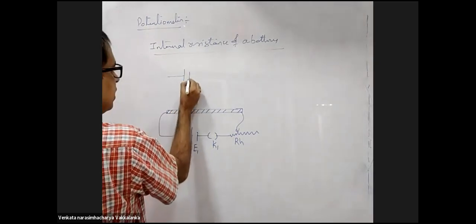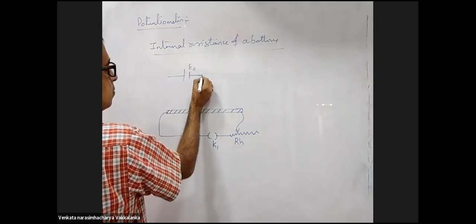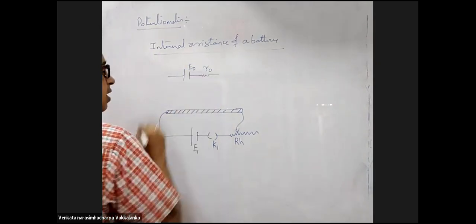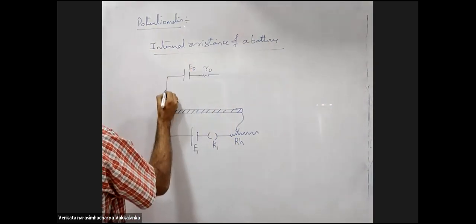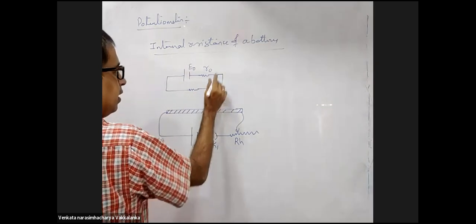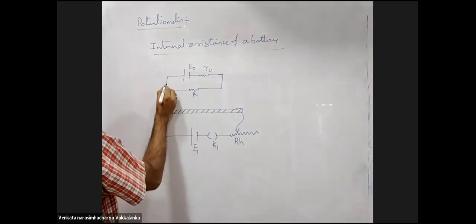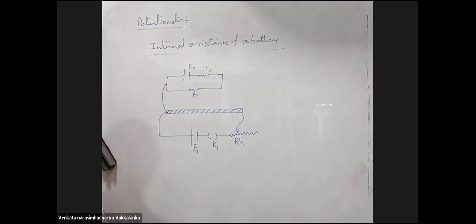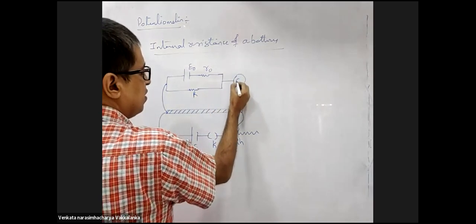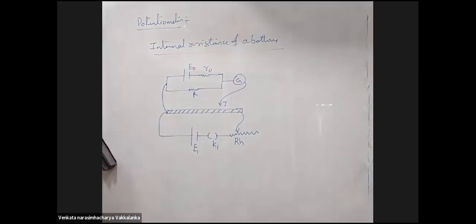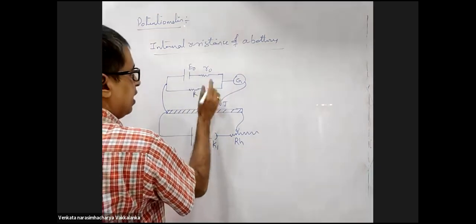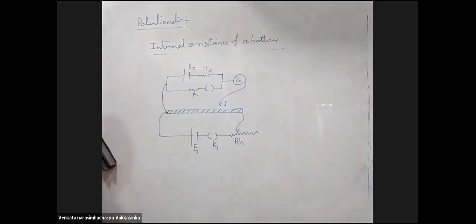Now I want the internal resistance of E0. I am interested to calculate the internal resistance of E0, that is R0. Connect a resistance capital R here. This I will connect to a galvanometer and a jockey. And I have a switch here.